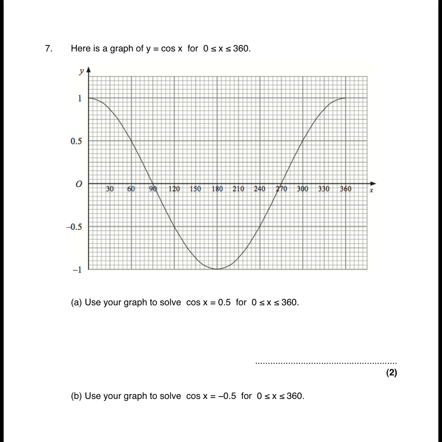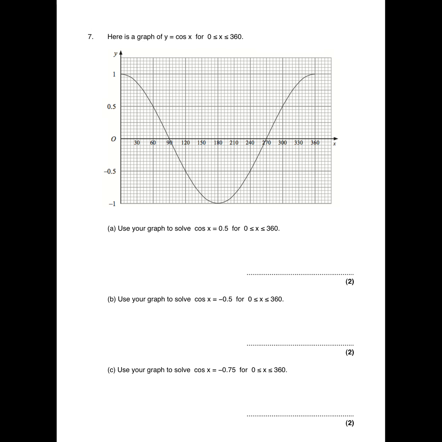Question 7. Here's a picture of the cos graph again, and you can see this time that I've got more focus again on the symmetry of the graph. So if I'm looking for cos x equals 0.5 on my graph paper, I'll draw a line across at 0.5, and I can see that I'm making contact with my graph in two locations.